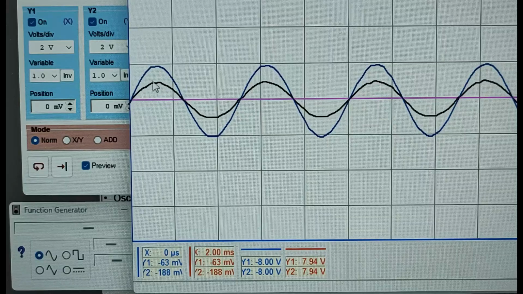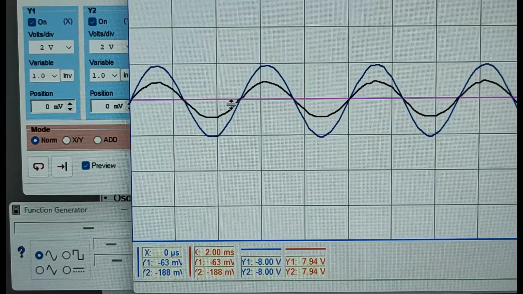Now, another thing, I forgot to mention this in our theoretical discussion. The reason why the circuit that we just constructed is known as a non-inverting operational amplifier is that you can see here there's no actual inversion of the output on the waveforms. When the input waveform is in its positive half cycle, the output waveform is also in its positive half cycle. And when the input waveform is in its negative half cycle, the output waveform is also in its negative half cycle.